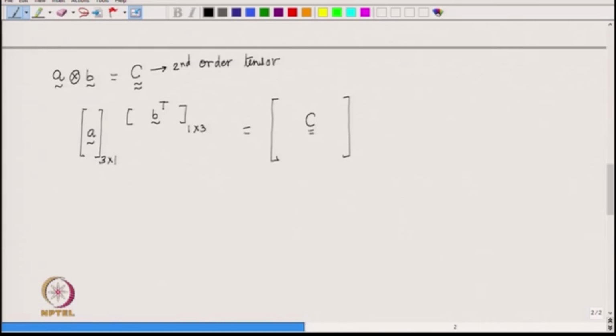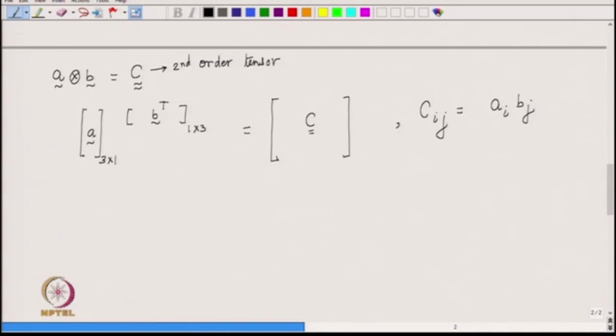The individual components are denoted using two subscripts, C i j, for example the ith row and jth column. What is C i j? When you work this out, it is simply A i into B j.